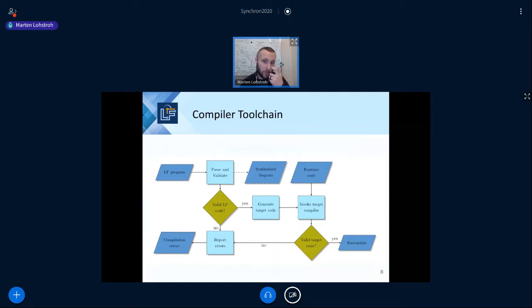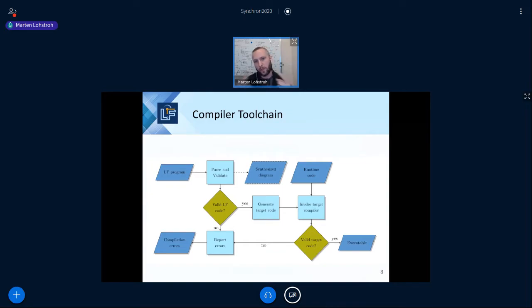So here's an overview of the compilation process of a Lingua Franca program. The program goes in, it gets parsed and validated. Then if there are any syntax errors or semantic errors in it, they will be reported. But of course, because the reactions themselves are written in target code, we don't fully know yet whether there are any problems in the program.